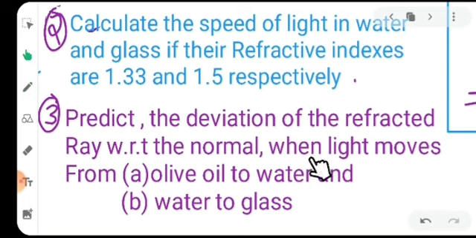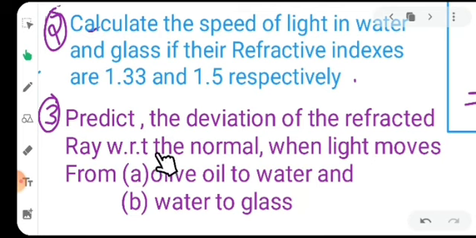Predict the deviation of refracted ray with respect to the normal, when light moves from olive oil to water and water to glass. So we have two cases. You need to find the deviation of the refracted ray with respect to the normal.